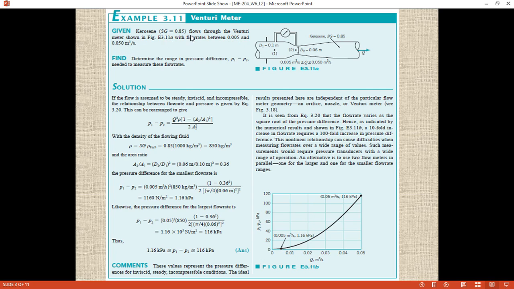So this is the question, this is the figure which is given. So what we have to determine is the range in pressure difference P1 minus P2 needed to measure these flow rates.